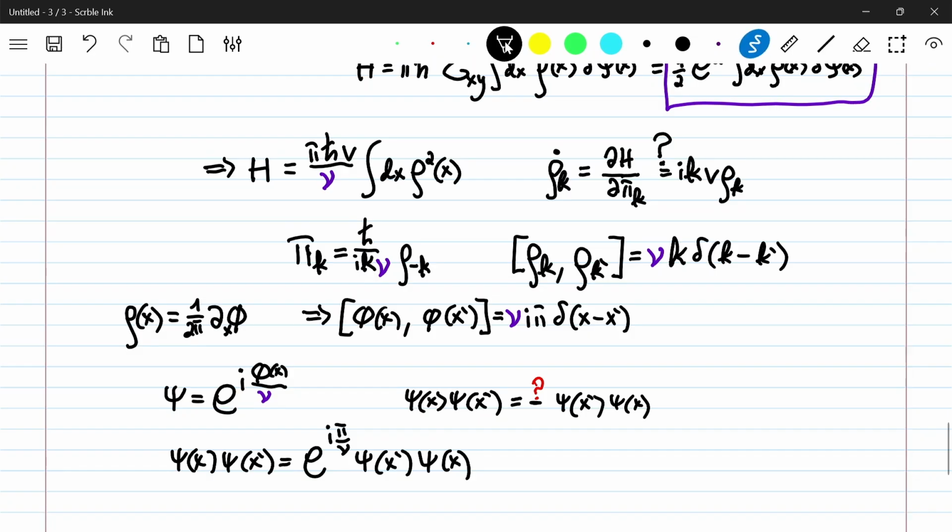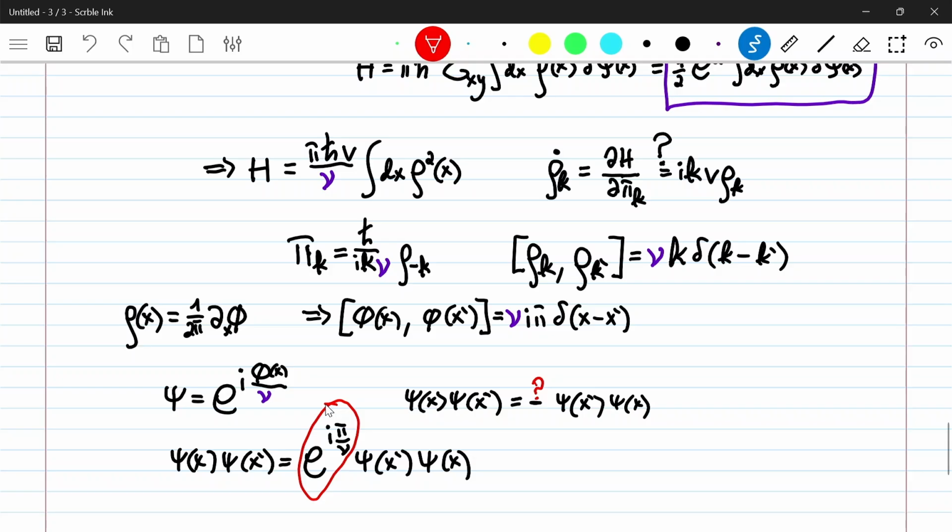So what is this? And now here comes the important point. This cannot be just anything. I no longer have a freedom because I'm back to an electron operator. So this must be a minus sign.